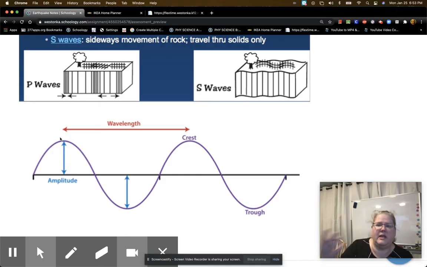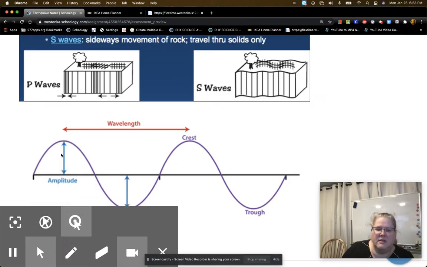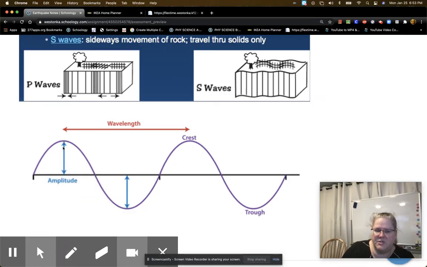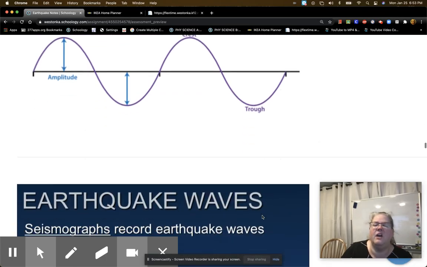So a light wavelength, a sound wavelength, or in this case, an earthquake wavelength, you have amplitude from the center where it radiates top and down. That's amplitude, from the center to the top and to the bottom, and that top is called a crest, and the bottom is called a trough, and from crest to crest is called a wavelength, or from trough to trough is called a wavelength. Good test question.